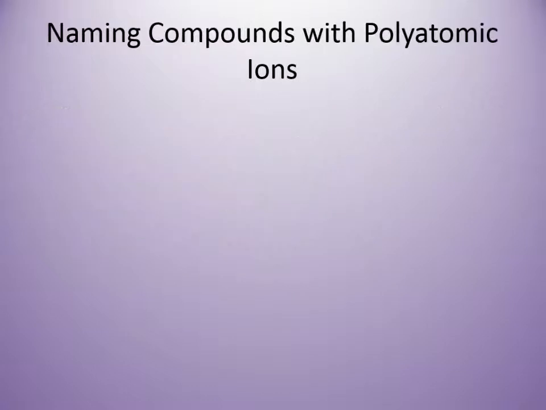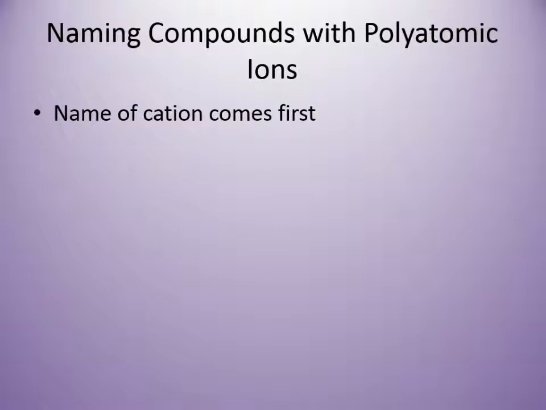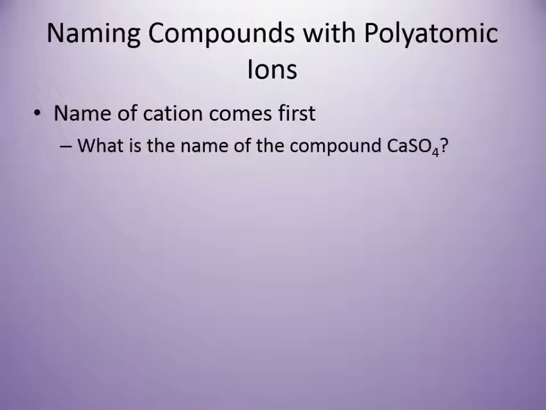So, naming compounds of polyatomic ions. Compounds that have polyatomic ions are ionic compounds, right? The name of the cation comes first, right? So, in this case here, if you look on your little chart, SO4 is called sulfate. So when we're naming this compound, the cation comes first. So what will we have to write first? Calcium.